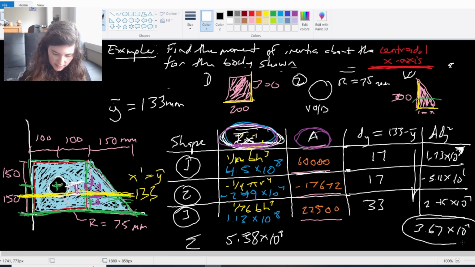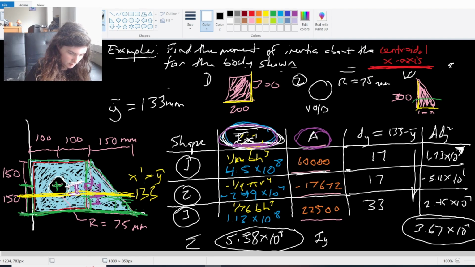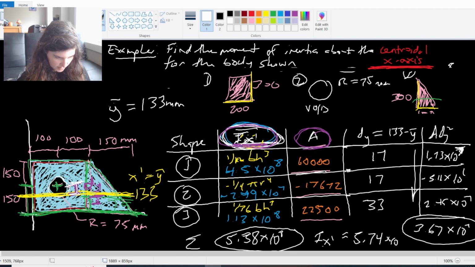And then it's just adding these two terms together. That gives me the moment of inertia about my centroidal x-axis, so that's the x prime. Those two added together is now 5.74 times 10 to the 8th millimeters to the 4th.